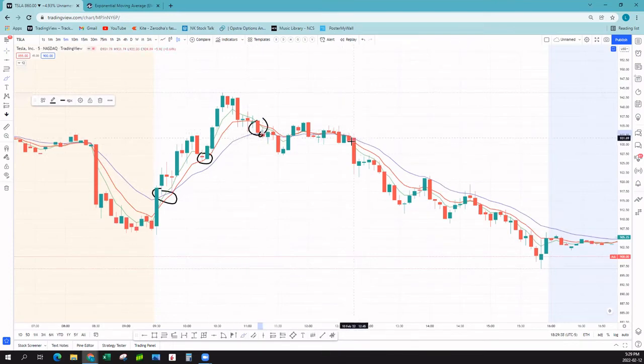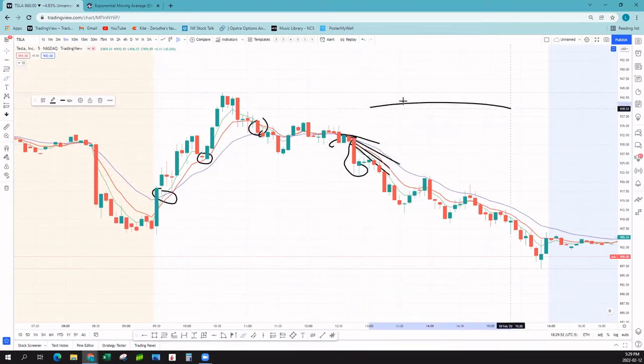Same way when the price is closing below the 9, like here, but you need to wait until the 5 comes like here, the 9 in between, and the 18. So that way you have this kind of scenario: the 5, the 9, and the 18.